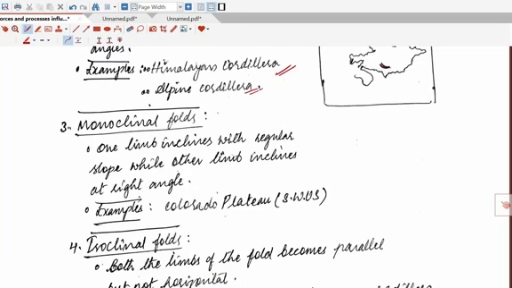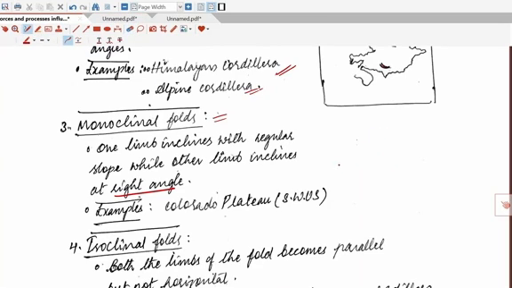Then monoclinal folds. One limb inclines with a regular slope while the other limb inclines at a right angle. Consider this is one limb. Sorry, let me draw for you again.